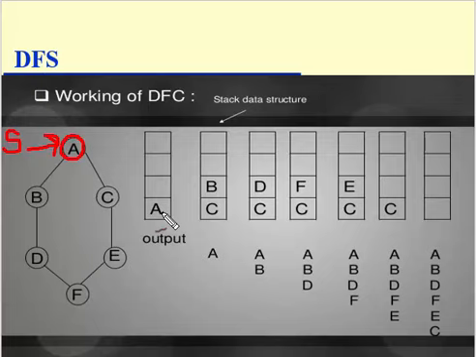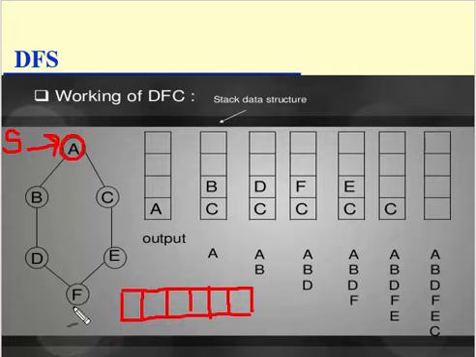In BFS I had taken the visited array. Here also you need to take the visited array. How many nodes are there? 6 nodes. So here it is 1 2 3 4 5, and I'm taking this 6.